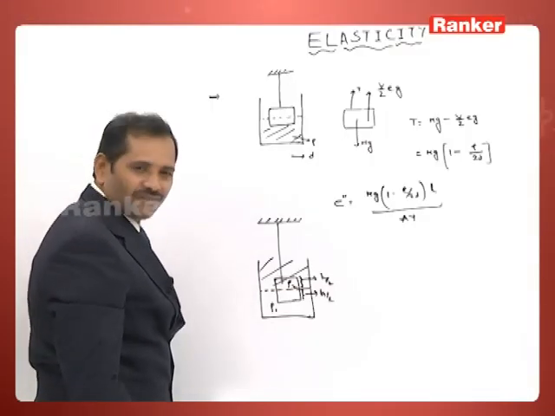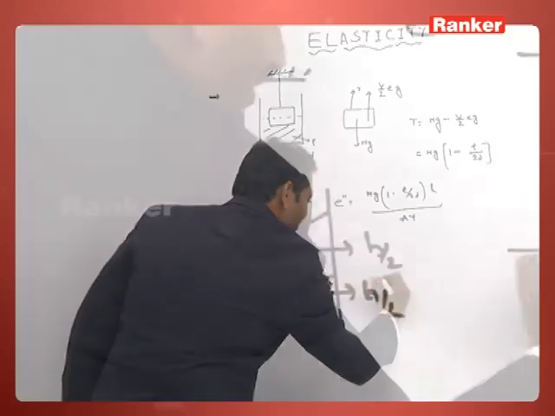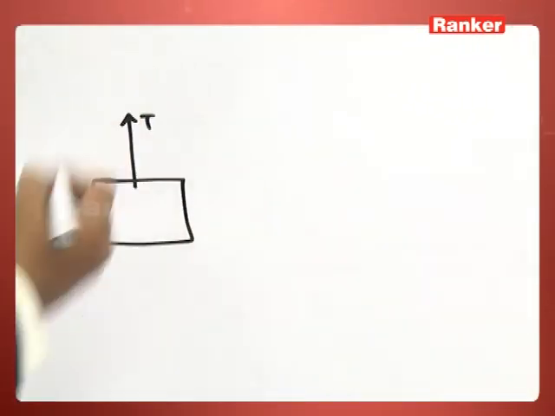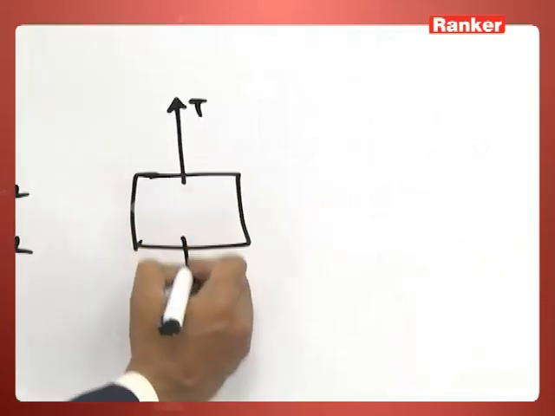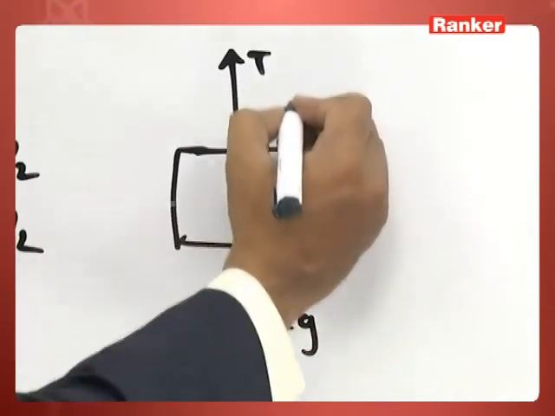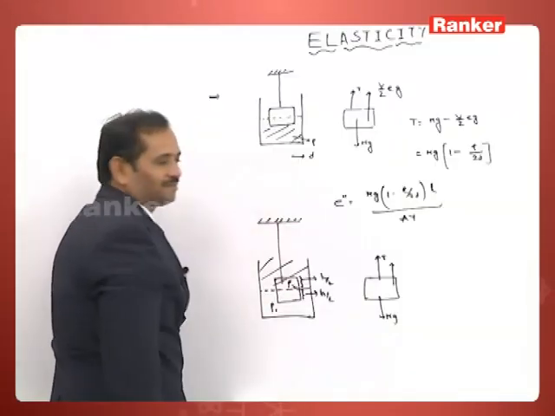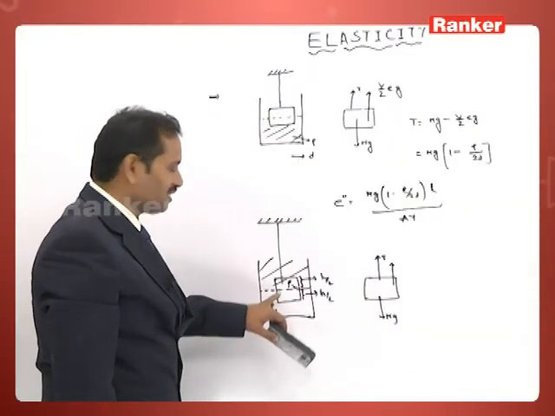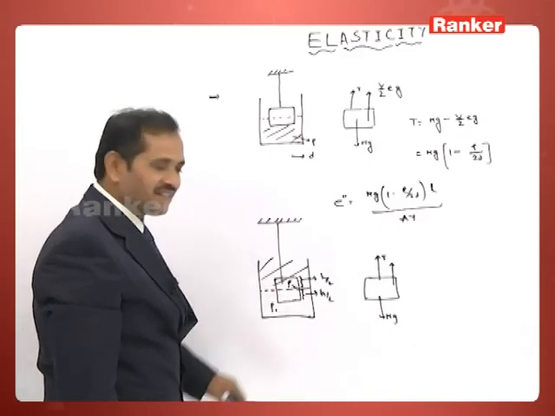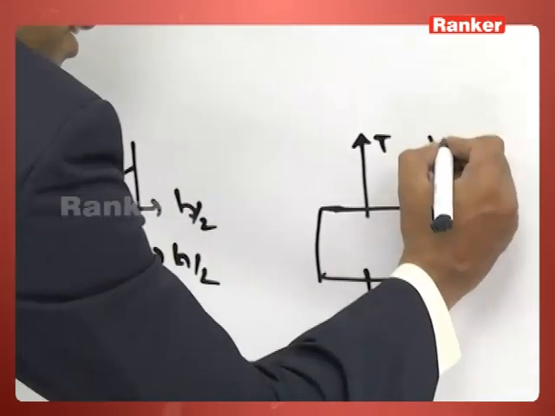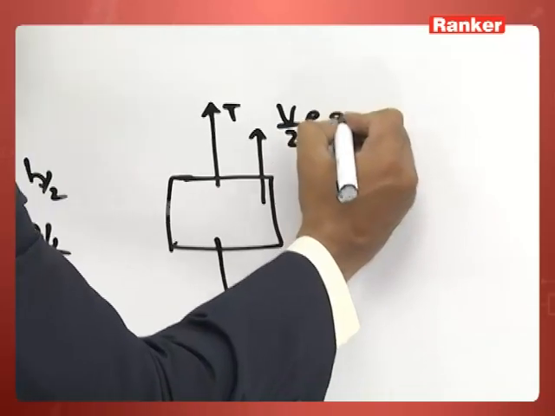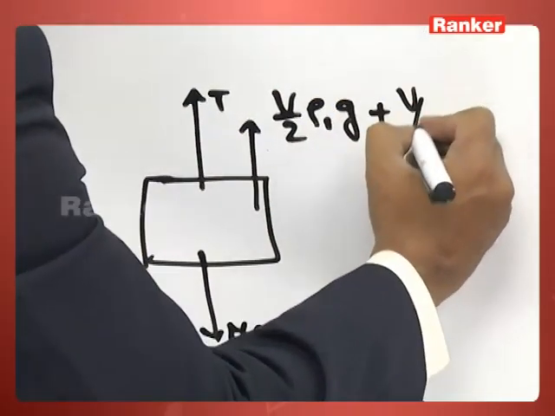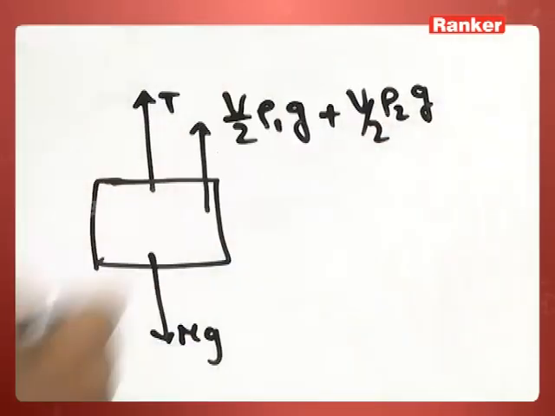Same thing, only the difference is like this. Tension is upwards, mg downwards. Instead of taking V rho c, here you have two liquids with different densities. That is V by 2 rho 1 for the first half, for example, plus V by 2 of the other liquid rho 2.